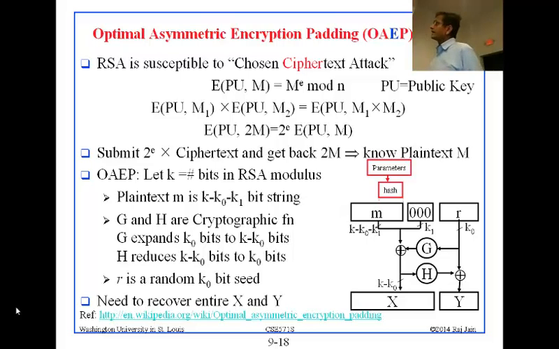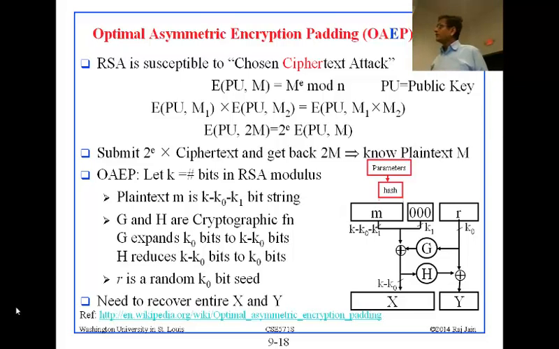The idea is that if somebody could choose the ciphertext and send it to you and get the plain text, then they can get some information, basically. So here PU is the public key. Given the public key and a message M, all we do is M raised to E mod N, right?